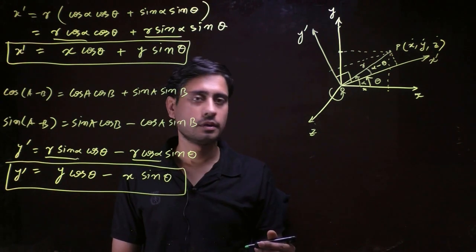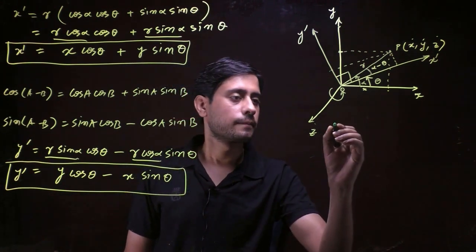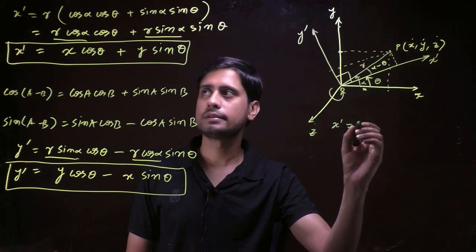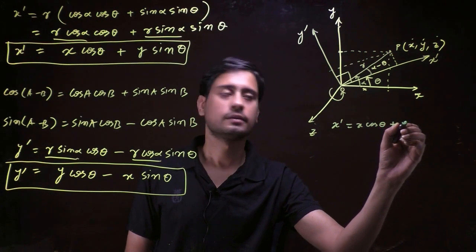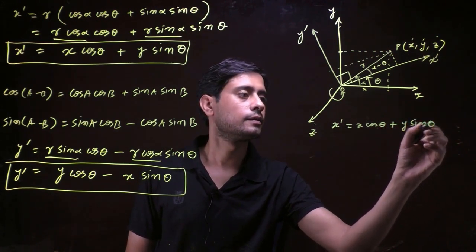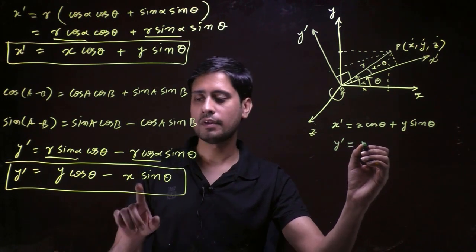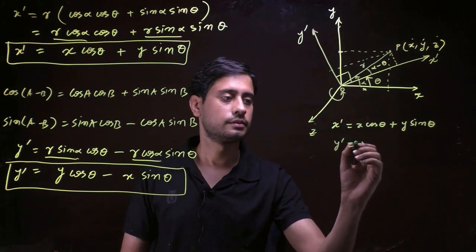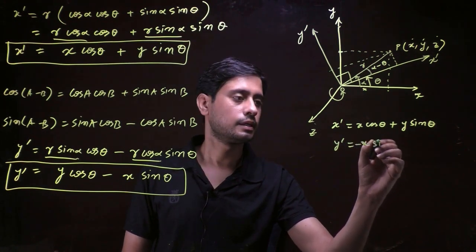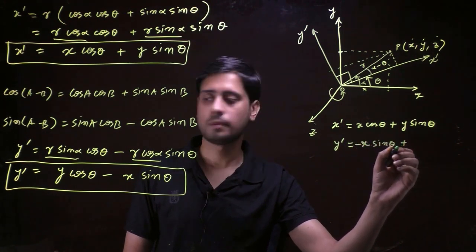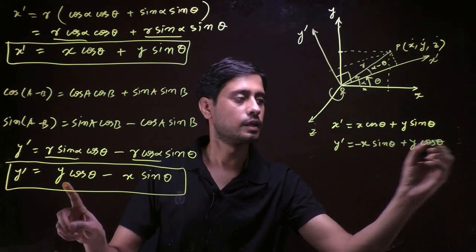So if we write it in a systematic manner, then x prime equals x cos theta plus y sin theta. Y prime equals, we will write the x term first, minus x sin theta plus y cos theta.